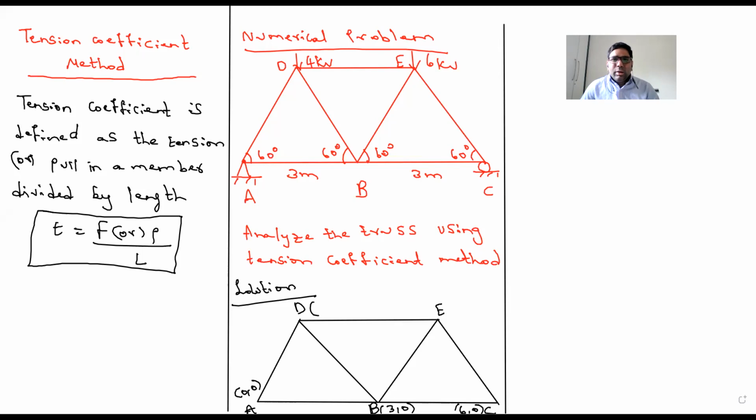Now, what is the coordinate for joint D? Inclination is given. Angle is 60 degrees. So this is exactly at the center, and this is also at the center.